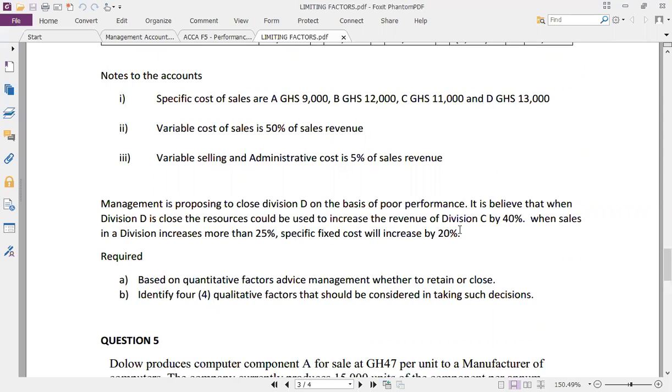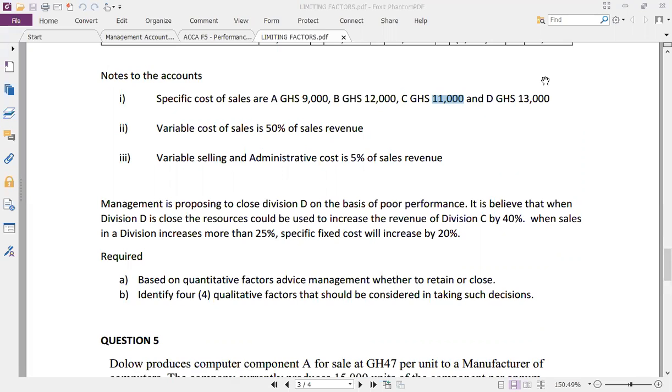So what is the specific fixed cost for division C? It's 11,000, right? So kindly increase it by 20%. That is all. Whatever you get, that is what we have to use to calculate our own.